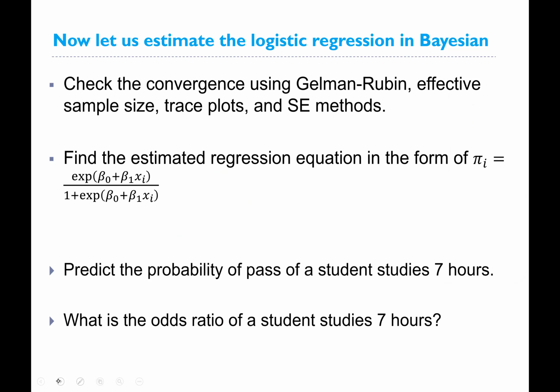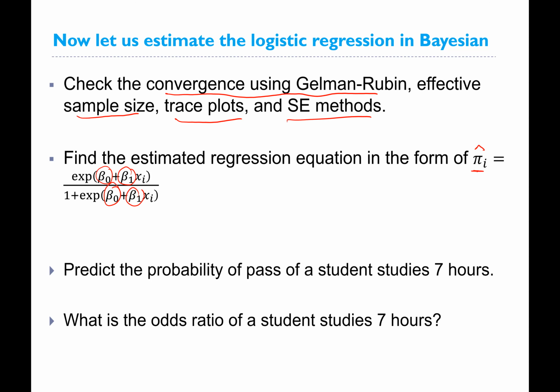So let's go to the R code and run the analysis using the Bayesian approach. Find beta 0, beta 1 using the Bayesian approach. Before you write down the equation, make sure convergence has happened using the Gelman-Rubin, the effective sample size, the trace plot, and the standard error method. Once you get beta 0, beta 1, plug them into the equation and now you have the predicted value.